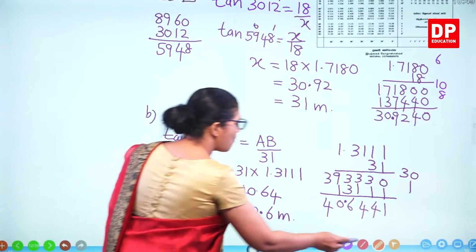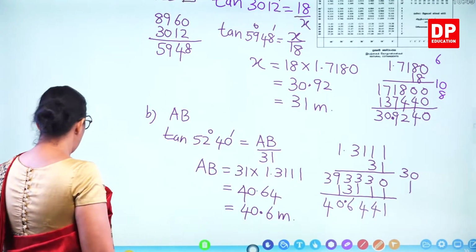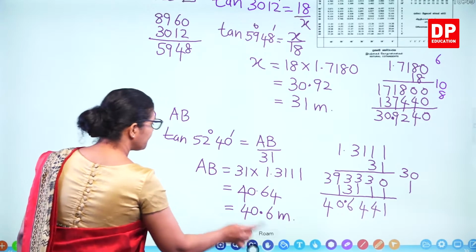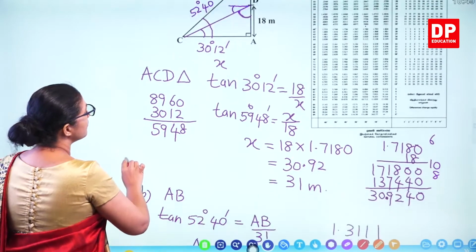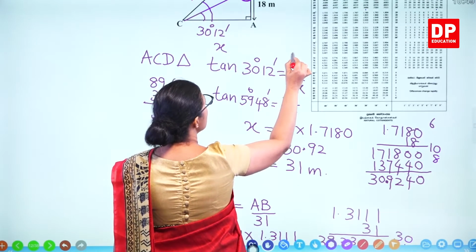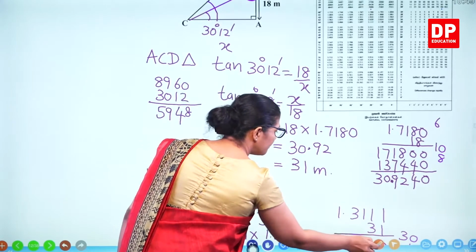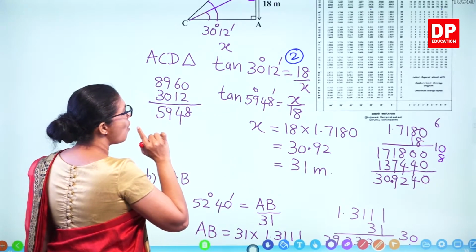Now we can give marks for this question. We have given already 2 marks before. So 2 here, correct ratio. Correct ratio 2 marks, that's 4.